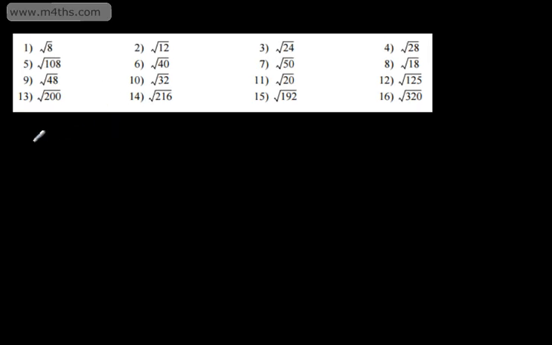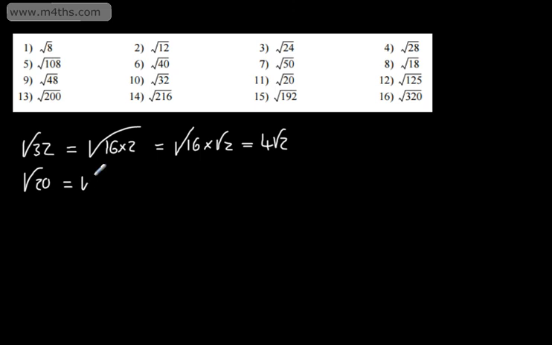Okay, square root of 32, we've already seen this one. Root 32, well, we can write this now as the root of 16 times 2, which is the root of 16 multiplied by the root of 2, which is 4 root 2. Root 20, we can say now that the largest square factor is 4. 4 times 5 gives us root 4 multiplied by root 5.